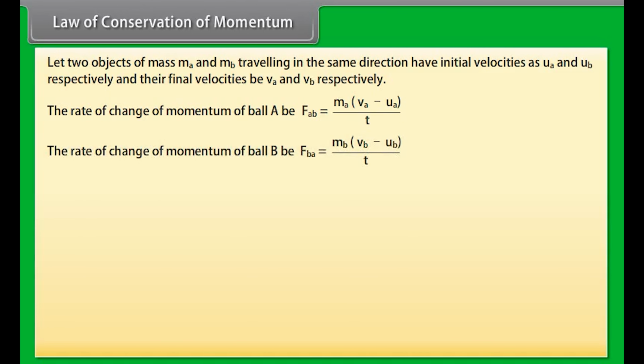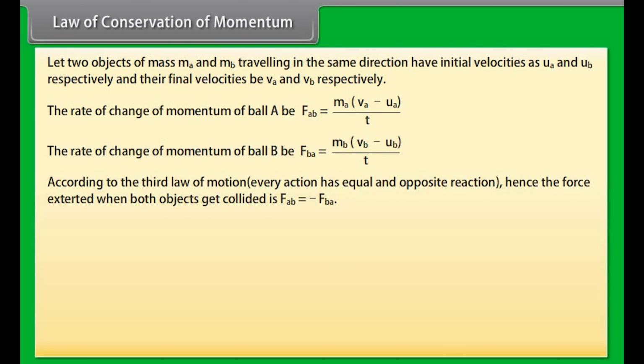The rate of change of momentum of ball B, FBA, is equal to mb into (vb minus ub) upon t. According to the third law of motion, every action has an equal and opposite reaction.